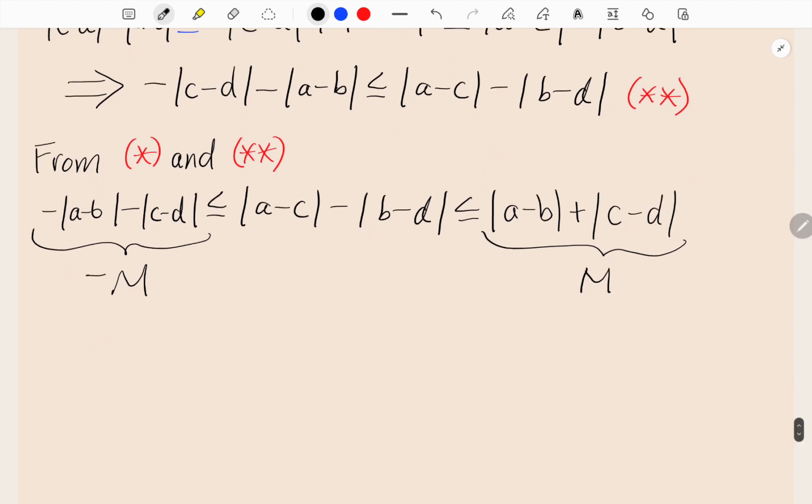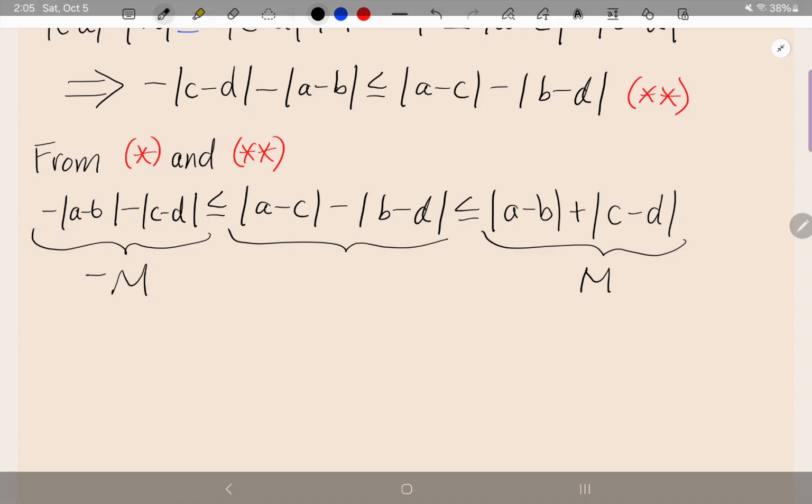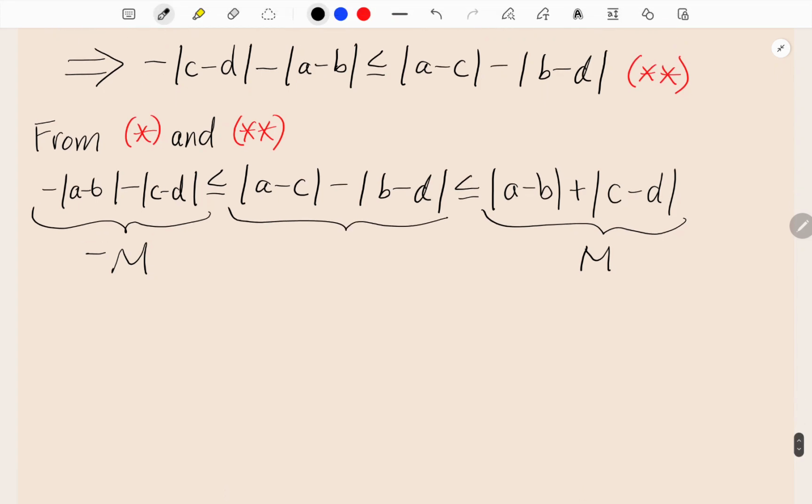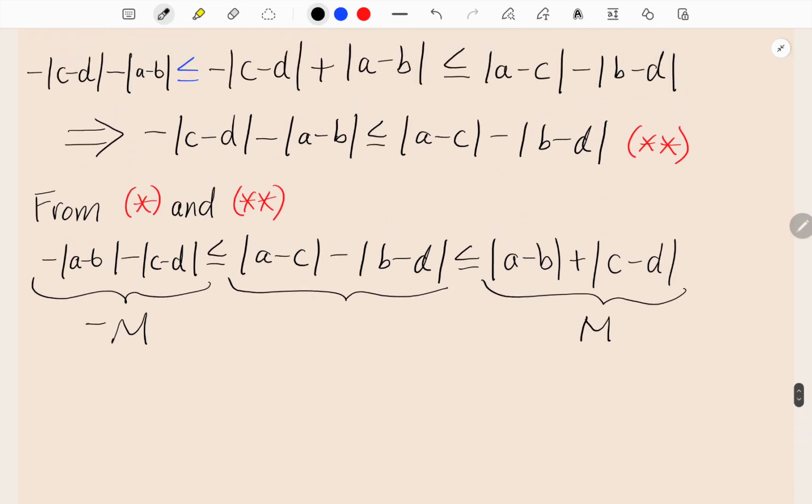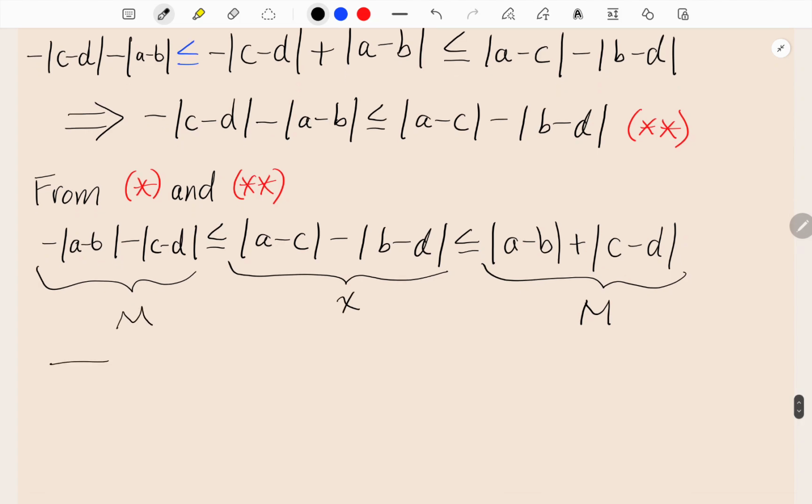What's really cool is that I have this term, but it's sandwiched between negative m and m. And I know that m here is going to be non-negative. So if I call this x, and this is negative m, this is equivalent to saying that the absolute value of x is less than or equal to m.